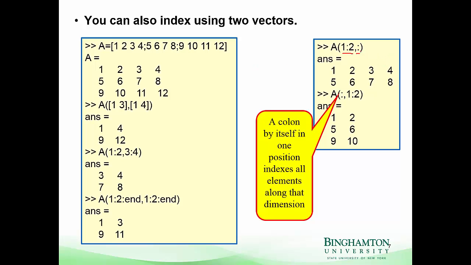So I don't have to put in 1 to end there. I can just put colon. So it'll grab the first 2 rows, but all of the columns, and that's actually what gets pulled out there. And you can also use the colon in the first element to grab all of the rows. So that's a nice handy command sometimes.